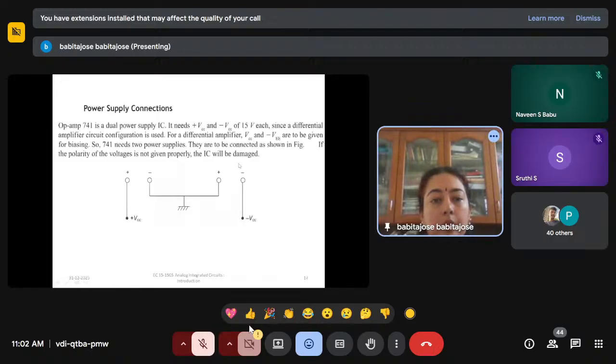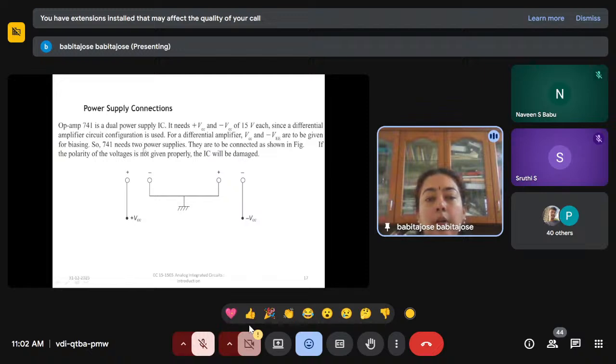Now the power supply. It's a dual power supply IC, because we have both positive and negative supply. How do you connect it when you wire it in the lab? 741 needs plus VCC and minus VCC of 15 volts, because we are using a differential amplifier configuration.